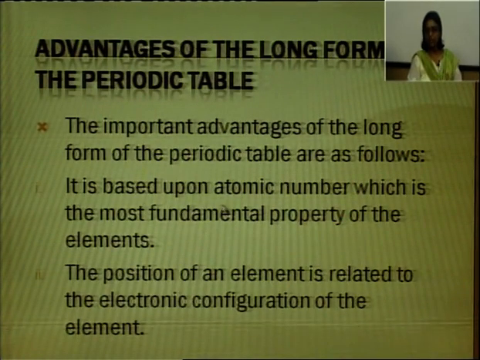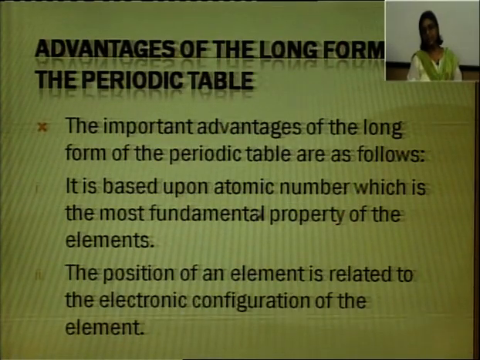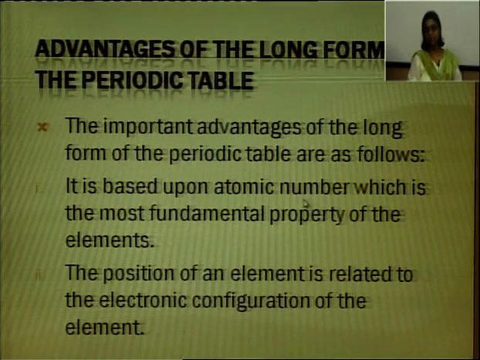The atomic number is considered fundamental because in chemical reactions the electrons take part, and only the valence electrons, and the atomic number is dependent upon the number of electrons. That is why we have taken the atomic number as the most fundamental property.